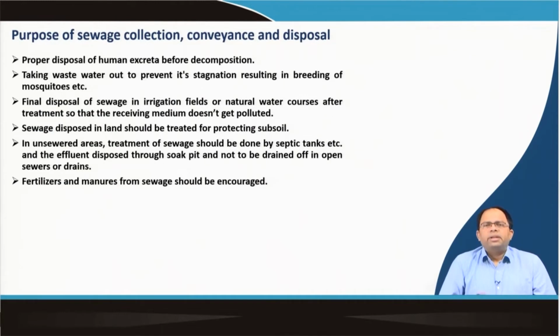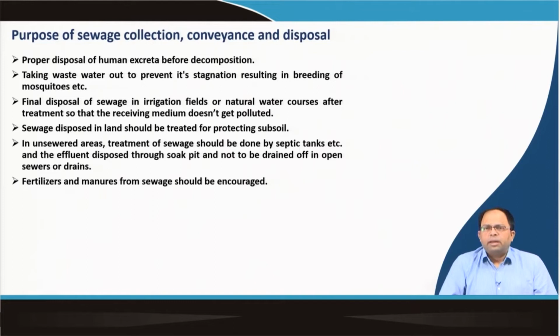So, when we talk about sanitation, what is the primary purpose of sewage collection, conveyance and disposal? There are certain things that we need to achieve whenever any kind of sanitary system is designed. First of all, we have to properly dispose of human excreta before it decomposes.